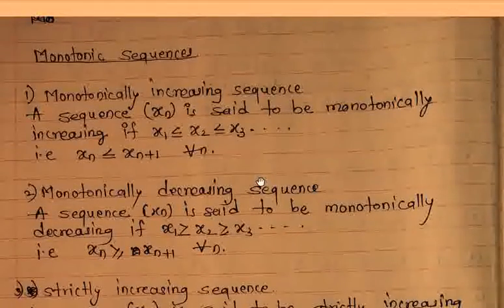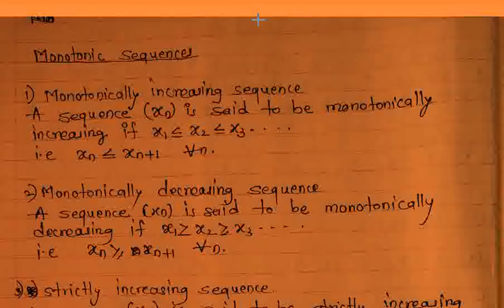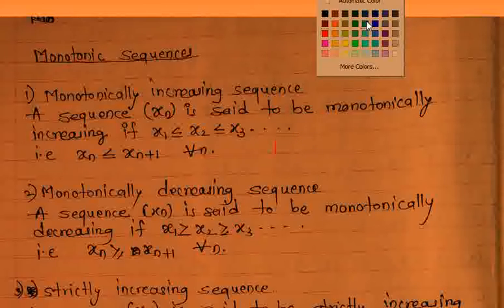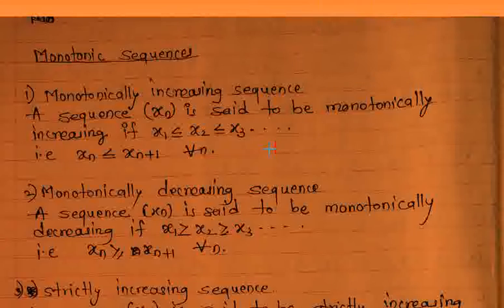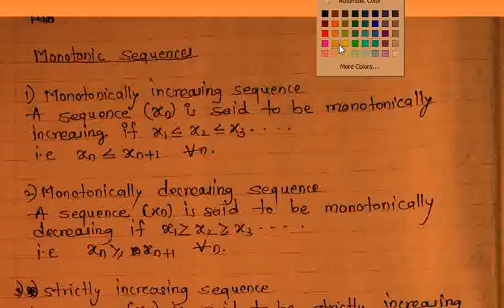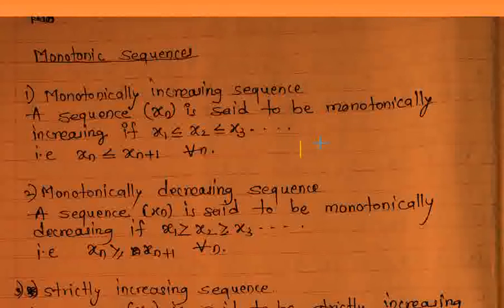Now for this question, we can try some numbers. Say 1, 2, 3. So the first term would be 1. 1 is less than 2, 2 is less than 3.